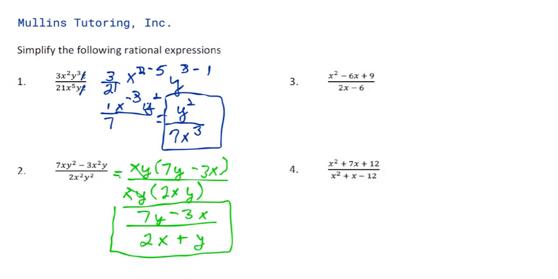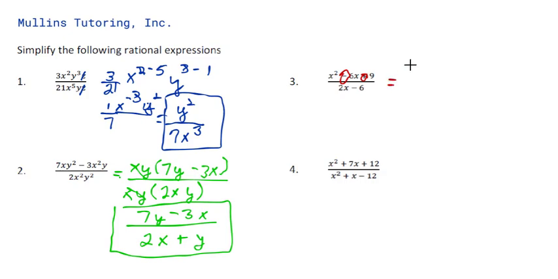All right, let's look at number 3. We have x squared minus 6x plus 9 over 2x minus 6. The first thing we want to do is factor the numerator.